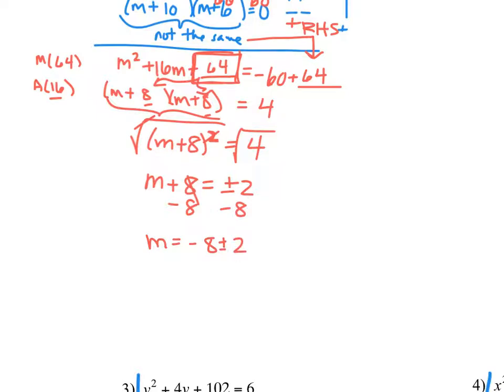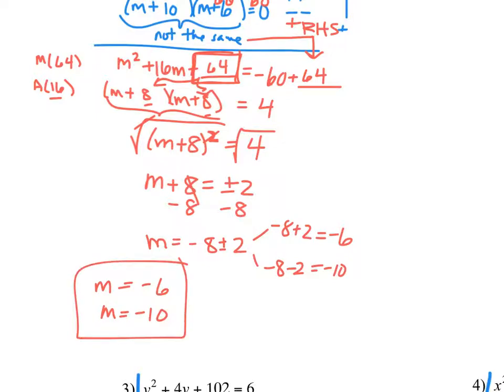Now remember, plus or minus, it's nice if it can go in between the two numbers rather than to the left of all those numbers. And this is -8 plus 2, -8 minus 2. So my two answers are -6 and -10.